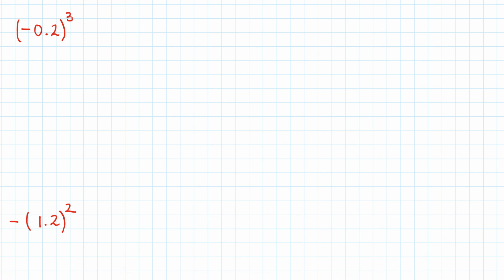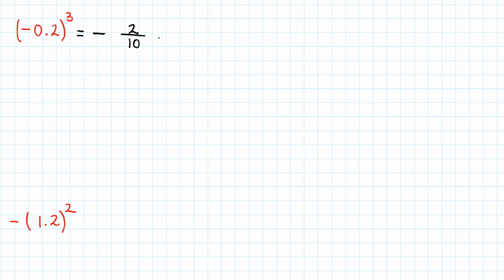So this one, the first one that I have here. So if I have negative 2/10 to the power of 3, so first is negative. So my answer, is it going to be positive or negative? So we know that if I have a negative, this means that I'm timesing this number 3 times, agree? So negative times negative, positive, times negative, negative. So I know that my answer is going to be negative. That's the first thing that I need to know. Now, what do I have to do with 2/10 to the power of 3?